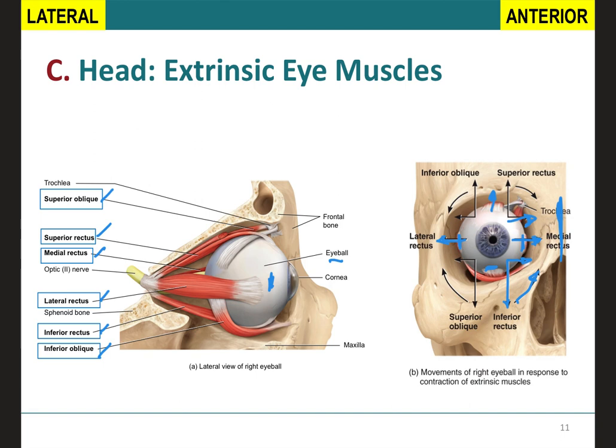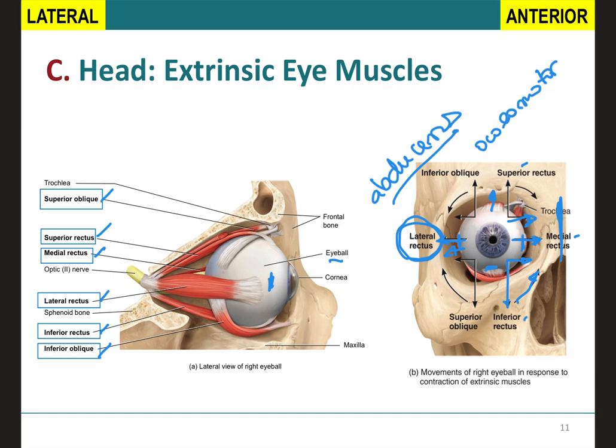So the lateral rectus is going to be the only muscle of the eye that will be innervated by its own nerve, which is called the abducens, which is exactly what it does. It abducts the eye. All other recti, which are the superior, the medial, and the inferior, will be innervated by what we call the oculomotor nerve.